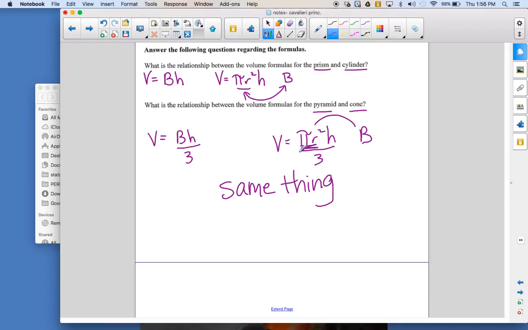It's just that we write in pi r squared because we already know that the cone has a circular base. Same thing up here with prism and cylinder. It is the same formula. It's just that we know the base is a circle, so we substituted in pi r squared instead of capital B. Just to kind of help you out so you don't forget that.